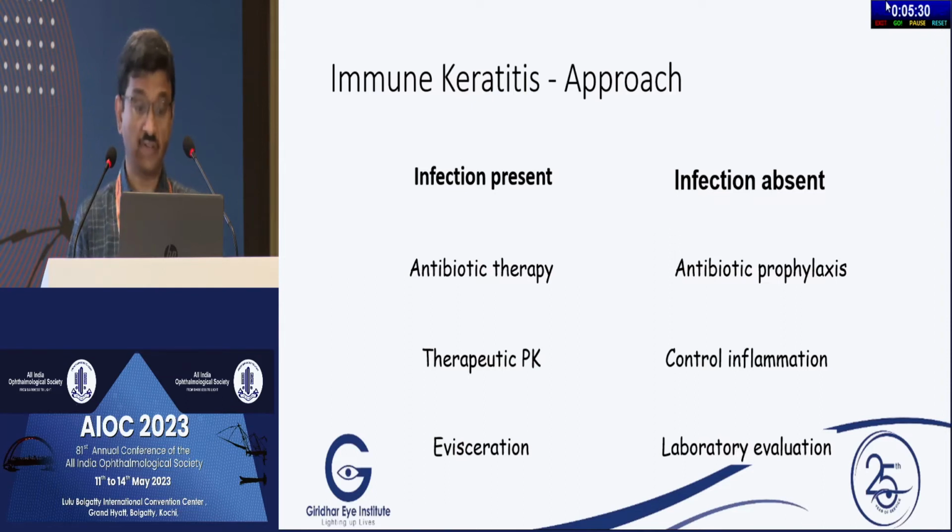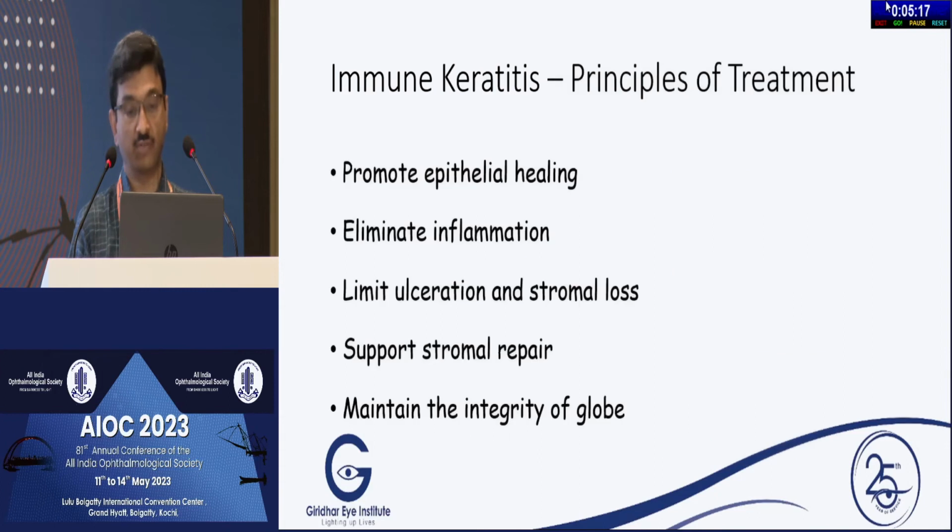If there is infection, I have to treat it with antibiotics and whatever antimicrobials are required. If there is no infection but there is ulceration, you may have to give prophylactic antibiotics and then control the inflammation.